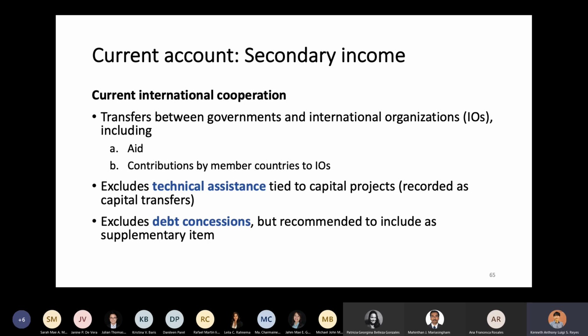It also excludes debt concessions for the reason that they are difficult to record. The BPM 6 says that ideally we want to include this, but because there has not been a consensus on how to record it in the SNA, the recommendation is to not include it, but to add it in as a supplementary item for extra information.